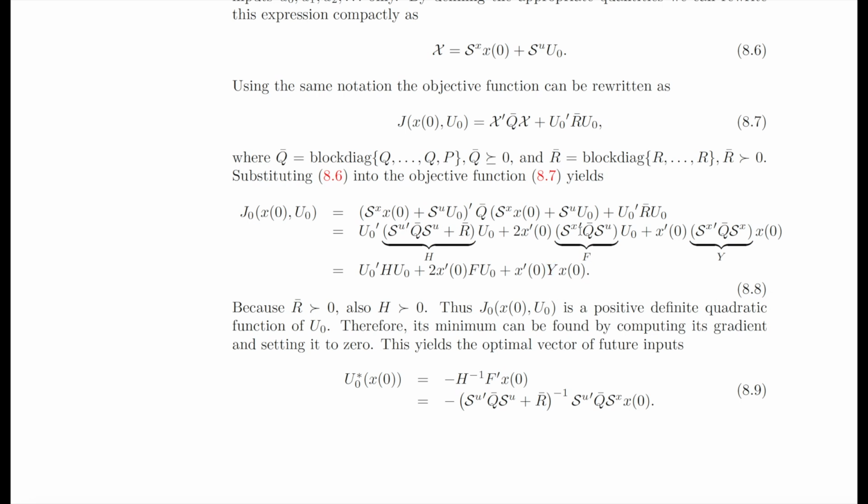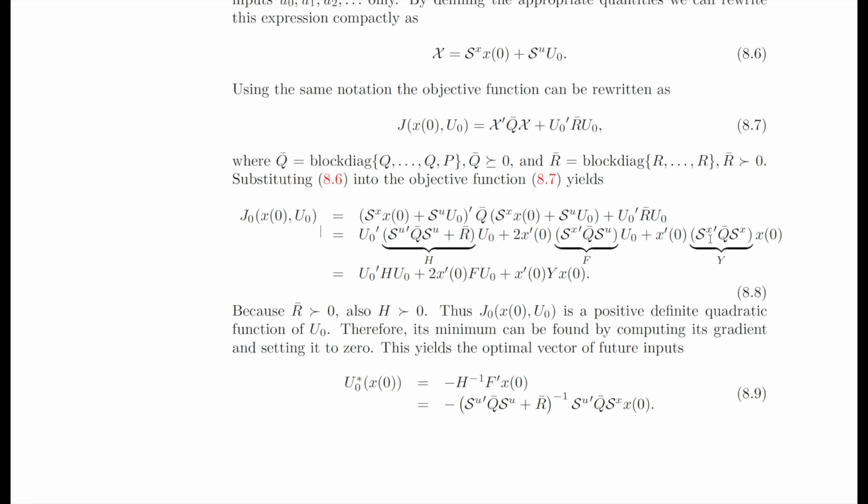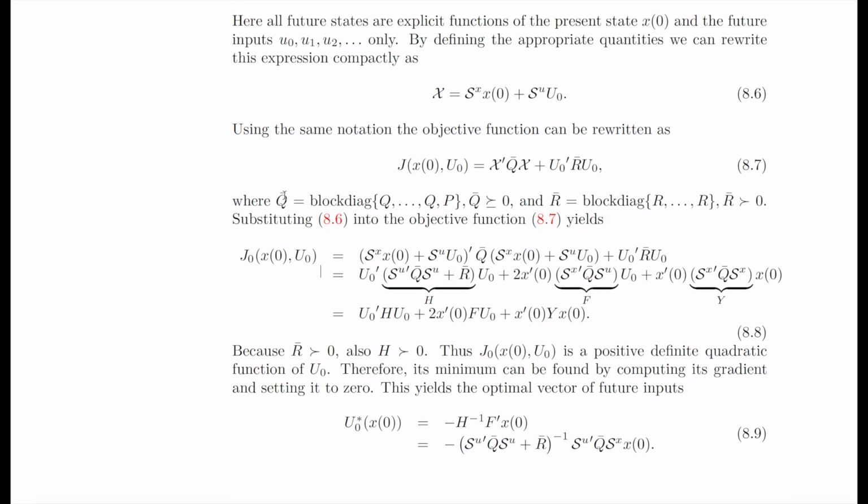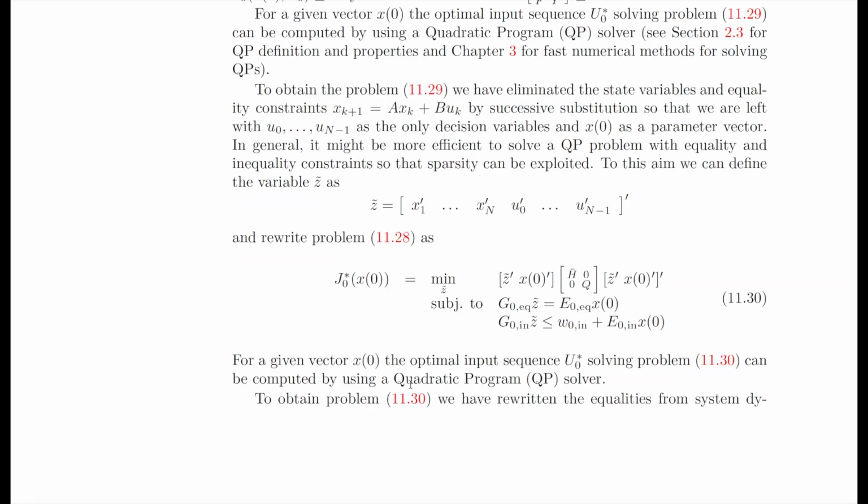And here F depends on this S, Q bar, and S. And here Y depends on S_x and Q bar and so on. And these Q bar, if you remember, are block diagonal, and here the block diagonal of R. This is solved by any solver that solves quadratic programming or QP.